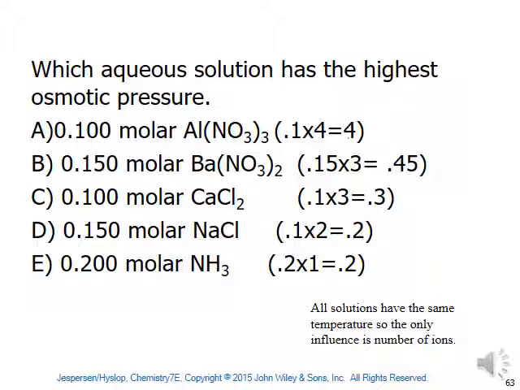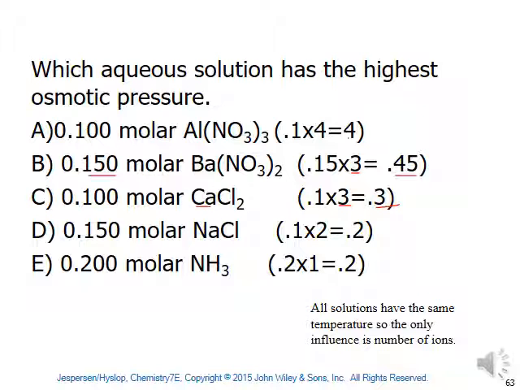For this one, it would break into 3 parts, a Ba and 2 nitrates, and its molarity is 0.15, so it's 0.45. For this one, it breaks into 3 parts, 1, 2, 3, has a molarity of 0.1, so it's 0.3.